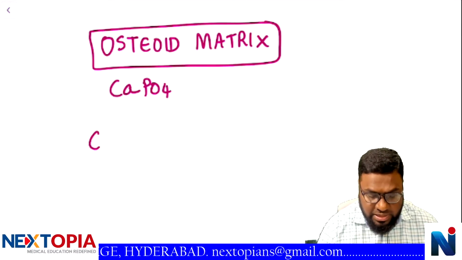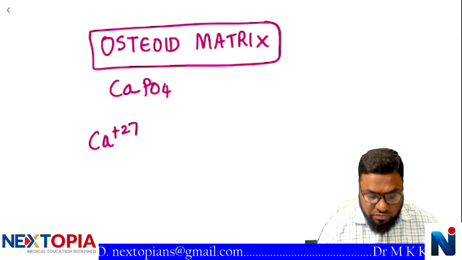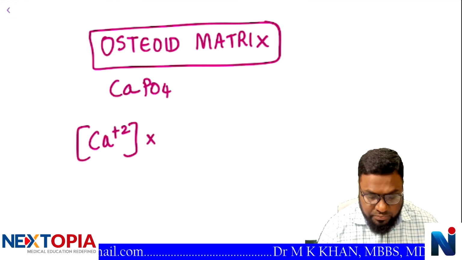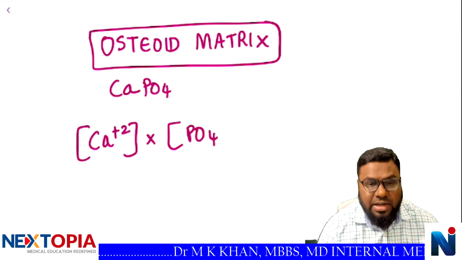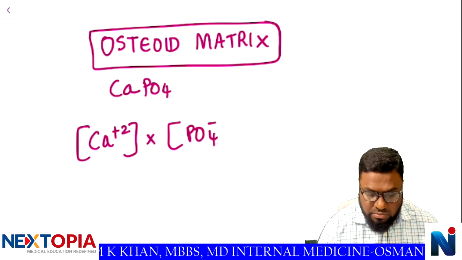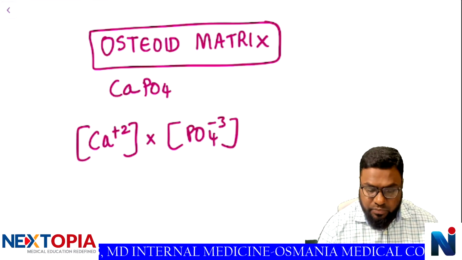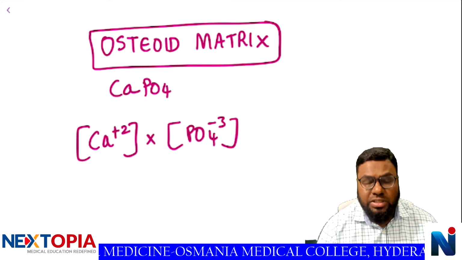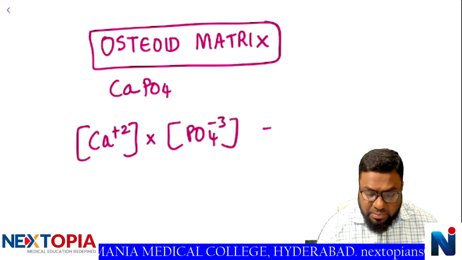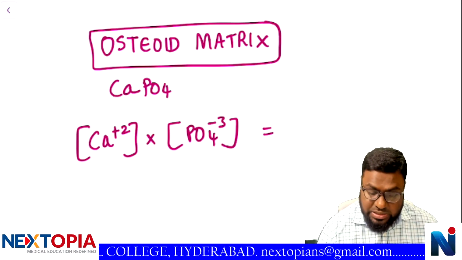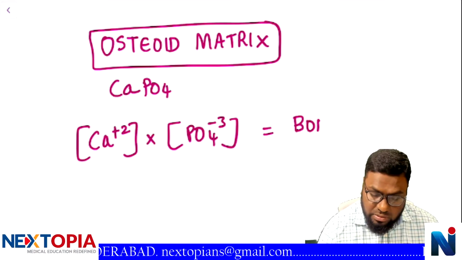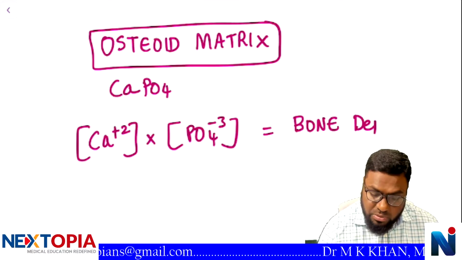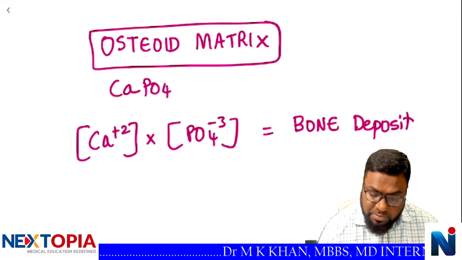So we need to understand that the product of calcium concentration and phosphate concentration is the determinant of bone deposition. What does that mean?